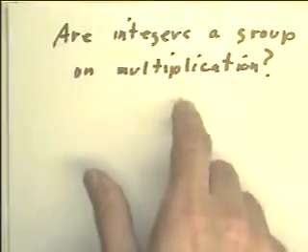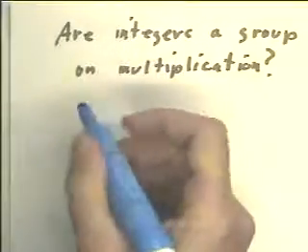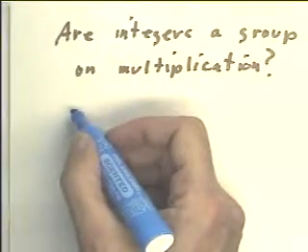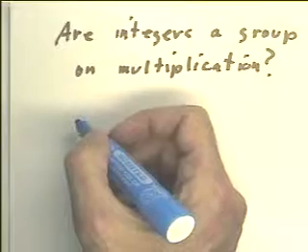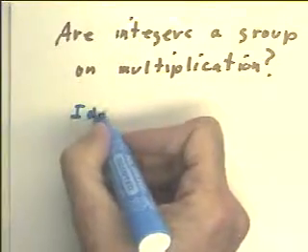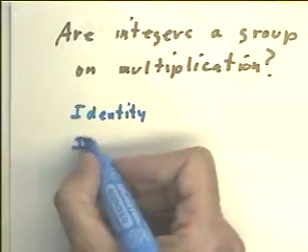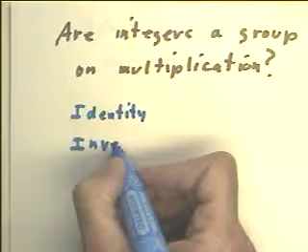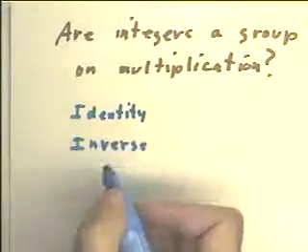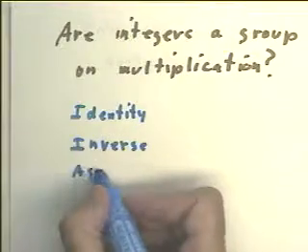Are the integers a group on multiplication? Well, to be a group, you have to have properties of identity, inverse, and associativity.